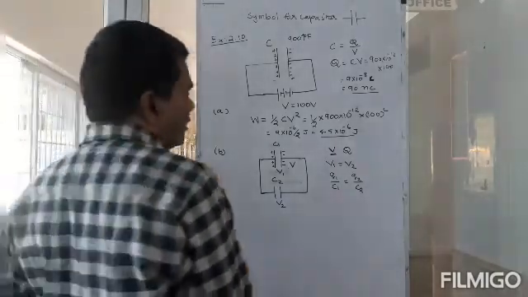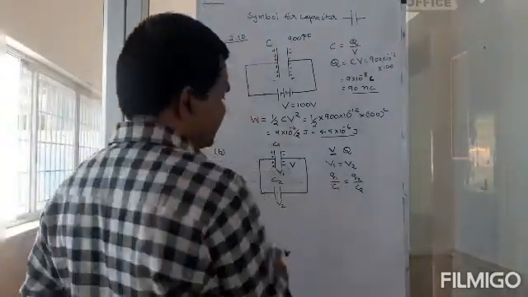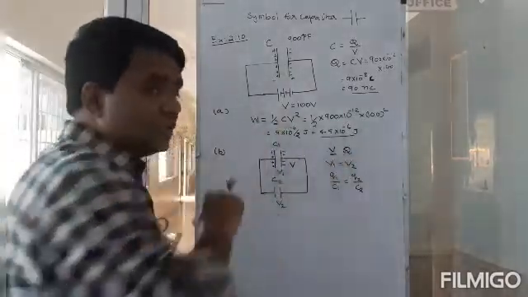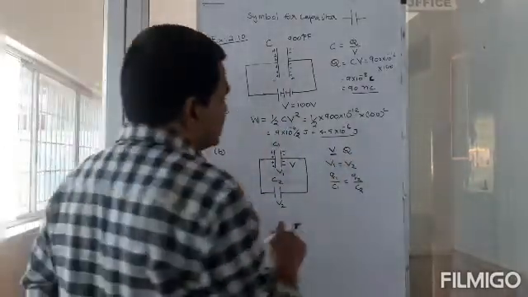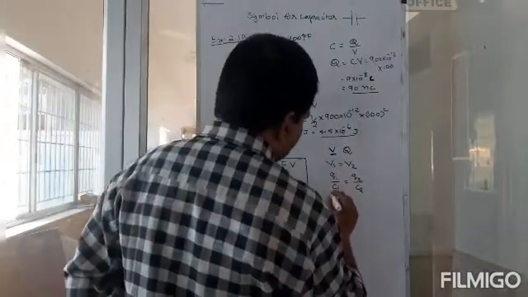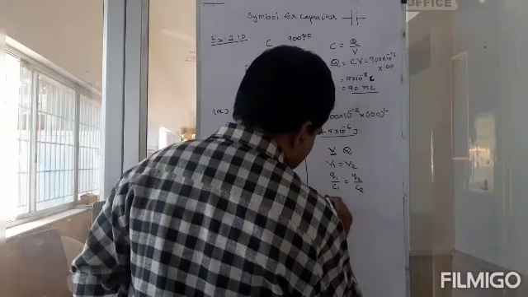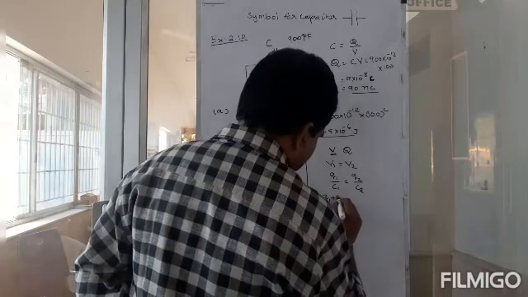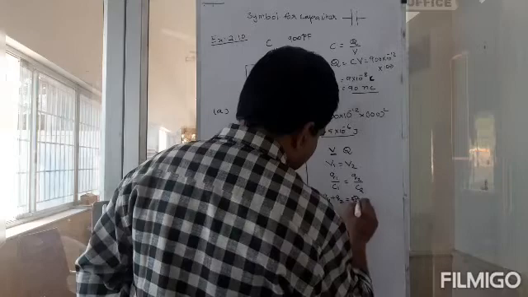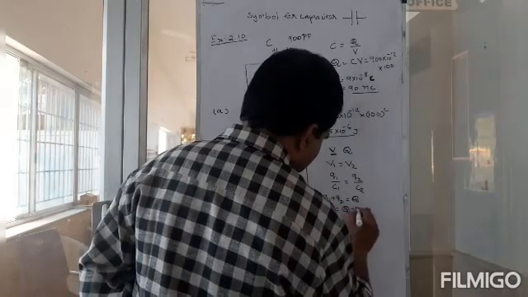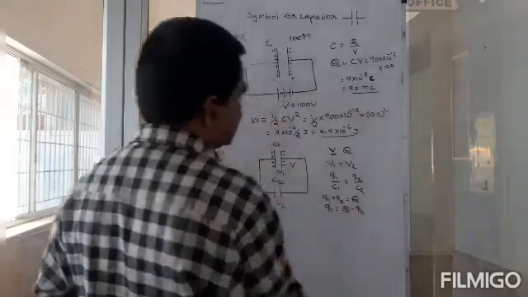Okay. But what else do you know? The conservation of charge. Q1 plus Q2 must be equal to Q. Right? Okay. So what do we get here? Q1 plus Q2 must be equal to Q. So Q1 must be equal to Q minus Q2. So let's keep it there.